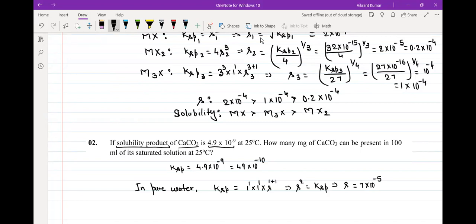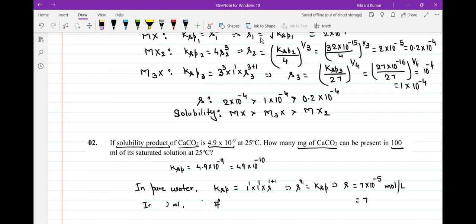No sir. Because they have asked you first thing milligram of CaCO3, that too not in 1 liter, because this solubility was considered to be mole per liter, है ना? And that's why if you want to convert that in 100 ml, you can find out solubility in 100 ml, or you can just directly convert it.